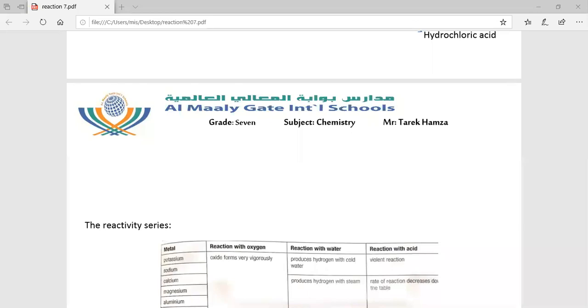This table is for knowledge only. Any question before ending the meeting?